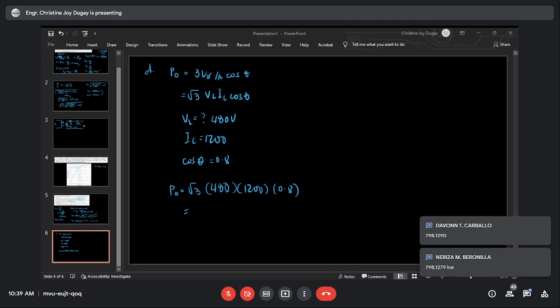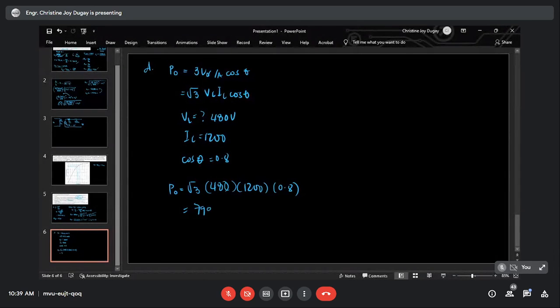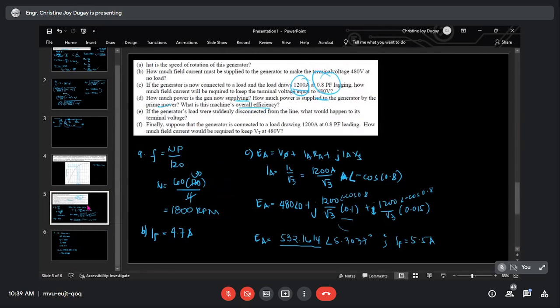That is 798.1279. And next question, how much power is supplied to the generator by the prime mover?